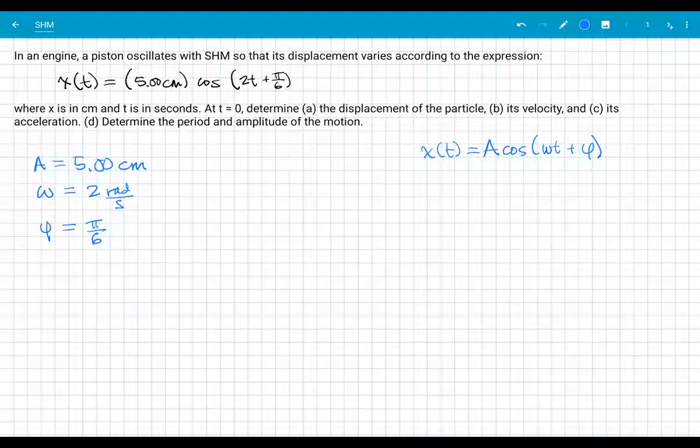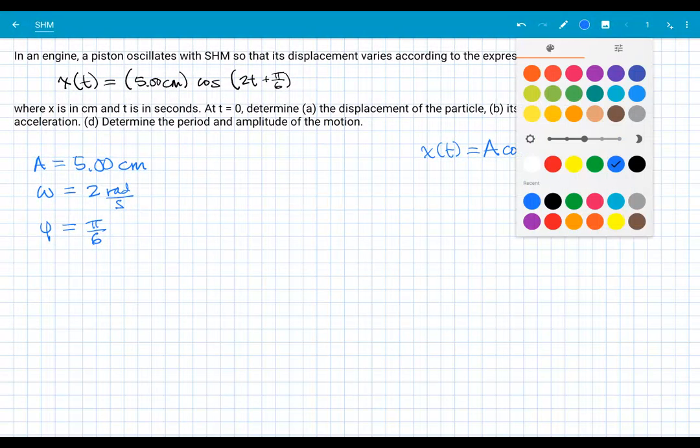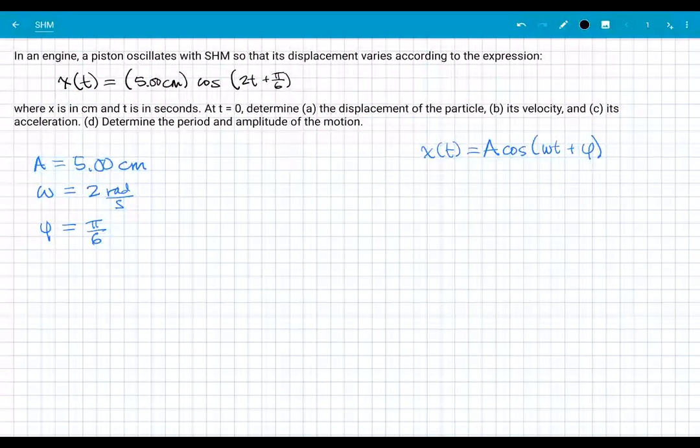Great. So notice that this problem is asking us to find some things at t equals 0. So at t equals 0, I want to determine what the displacement of the particle is. I have the displacement function.